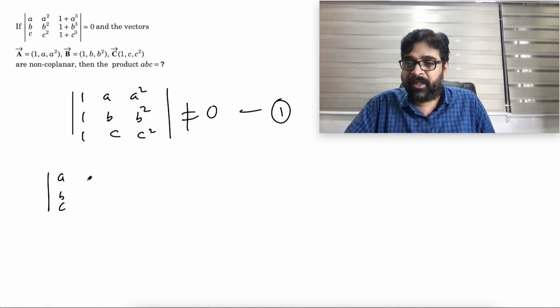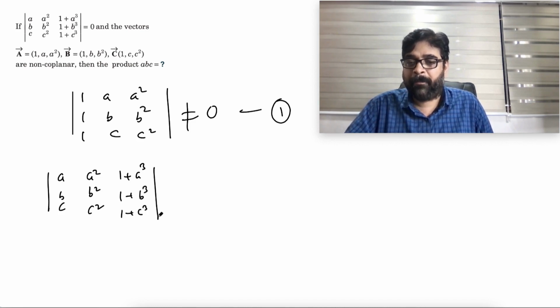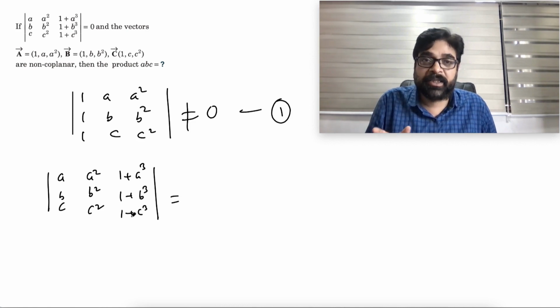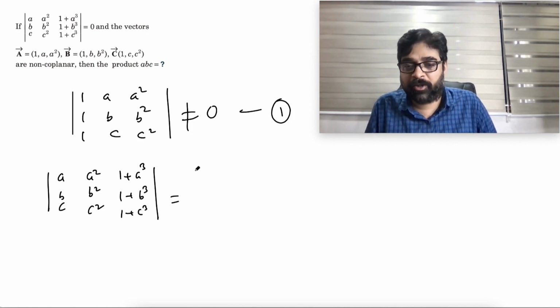Now let's see this one. The determinant with rows A, B, C; A square, B square, C square; 1 plus A cube, 1 plus B cube, 1 plus C cube. You can split this column, it will become 2 determinants.